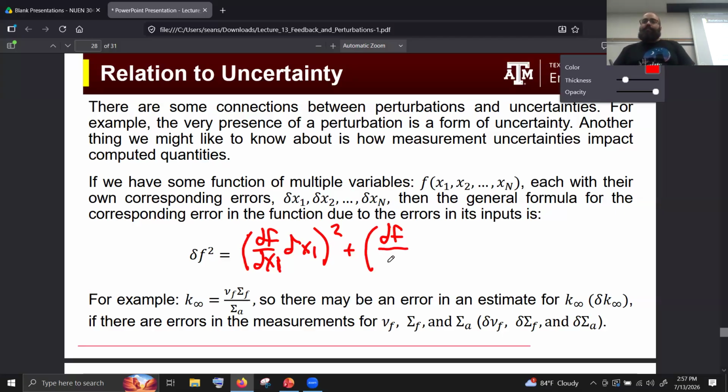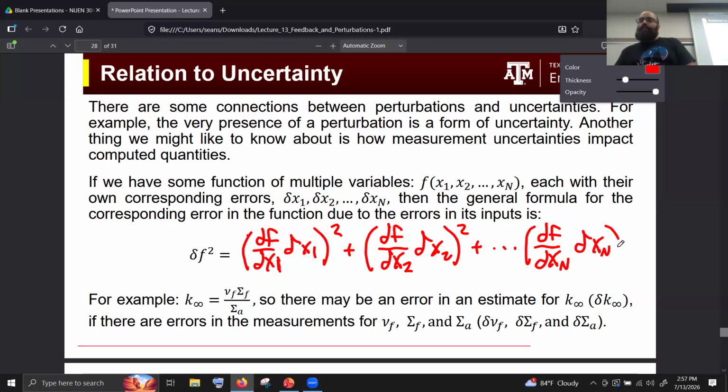So I do the derivative of my function with respect to the second variable times the uncertainty in that second variable, squared, plus dot dot dot. I would do this for all of the quantities that have input uncertainty all the way up to xn. So this would be the derivative of f with respect to xn times the uncertainty of xn, squared.